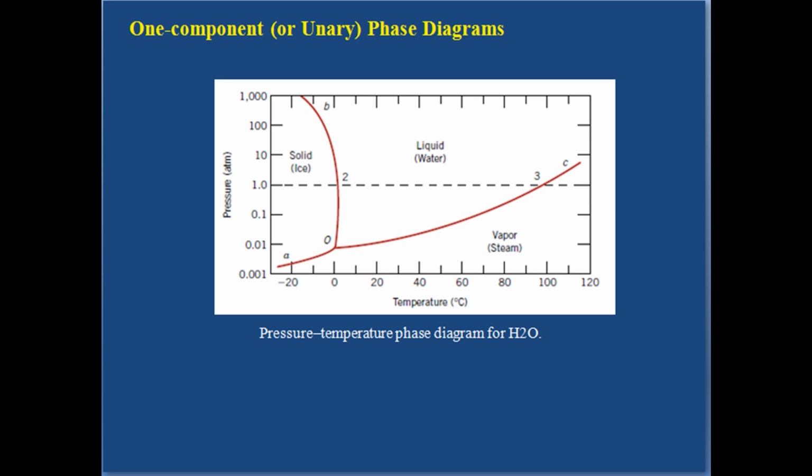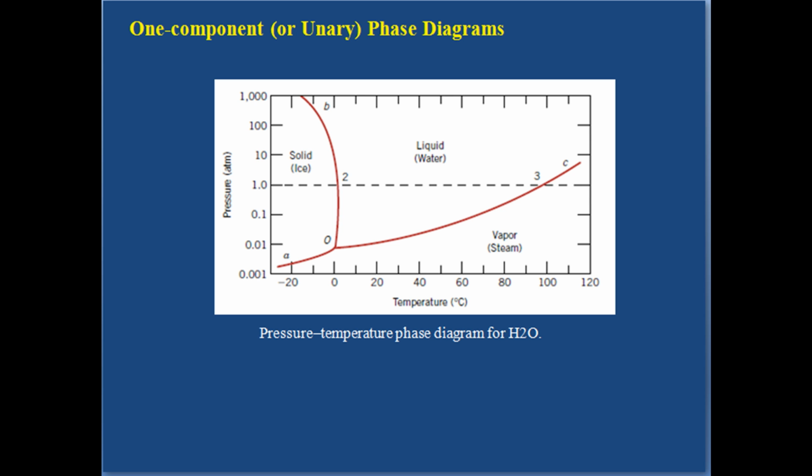which is labeled O. For this H2O system, it occurs at a temperature of 273.16 K and a pressure of 6.04 into 10 raised to minus 3 atmospheric. This means that at this point only, all of the solid, liquid and vapor phases are simultaneously in equilibrium with one another.